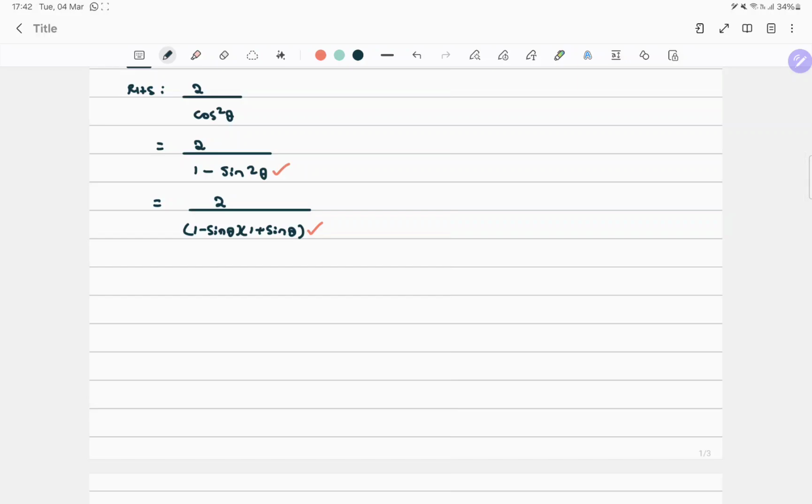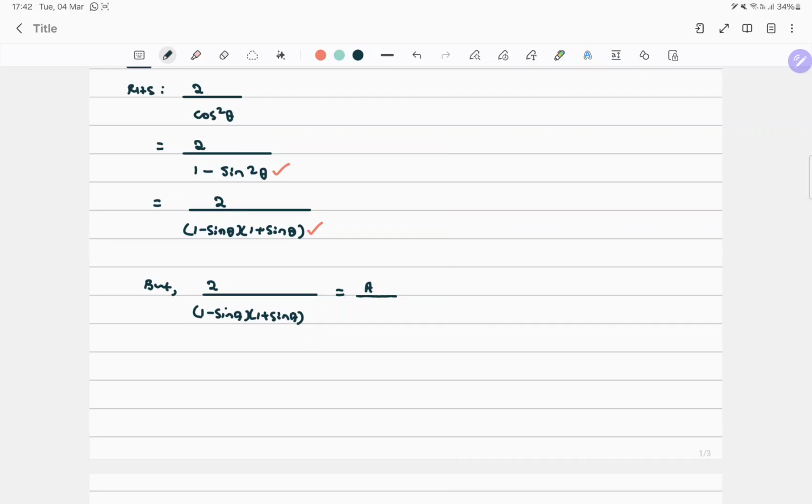Now remember, guys, once we get here, we know that essentially 2 over 1 minus sine theta into 1 plus sine theta must have been the result of a situation like that.